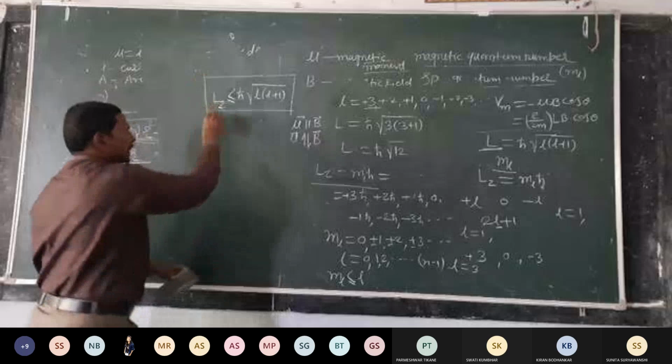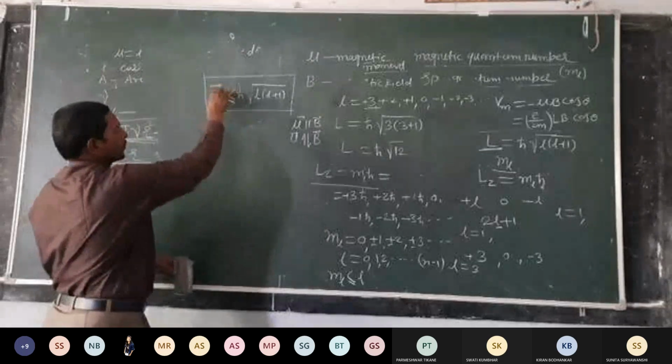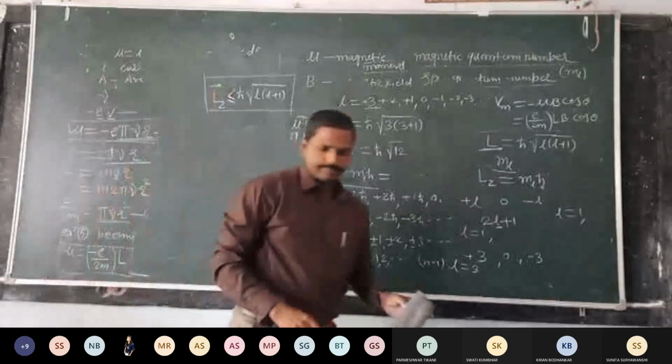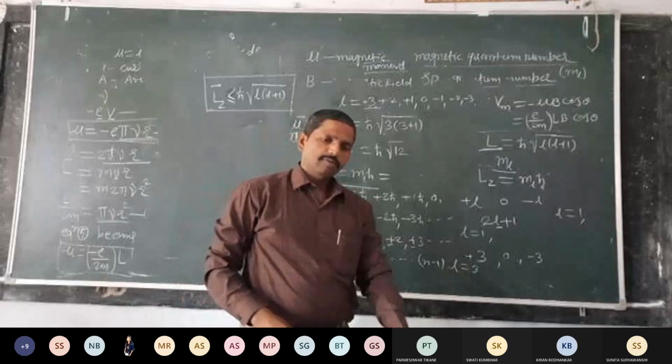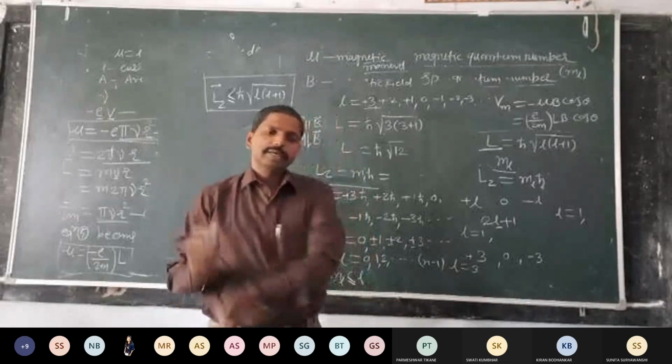This is the direction of angular momentum, and this is the magnetic quantum number.